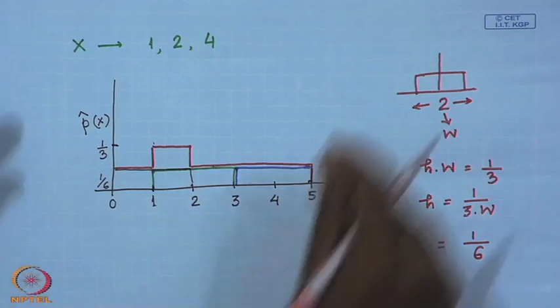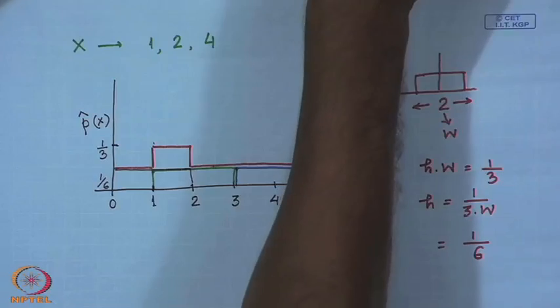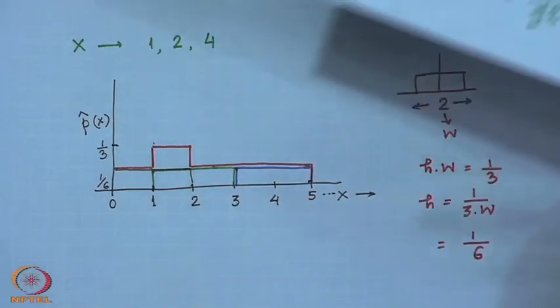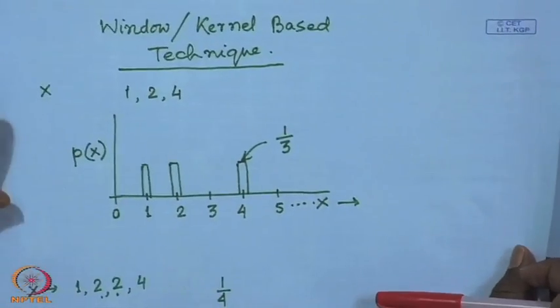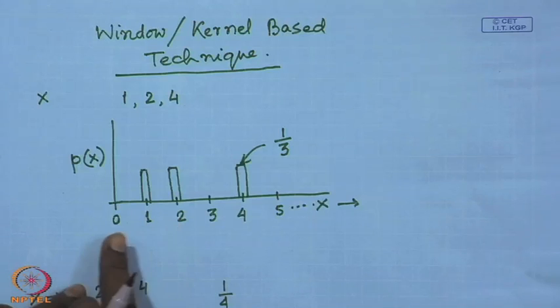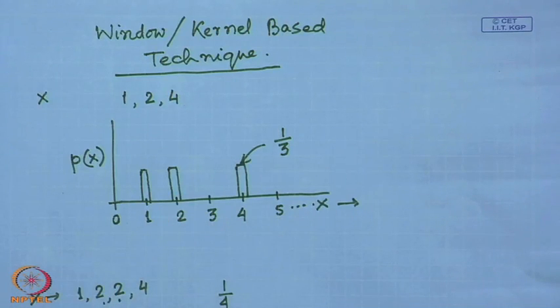And now, if you compare this with the one that we did earlier with delta function, you find that that probability density estimate is not a continuous probability density estimate, but a discrete probability density estimate.